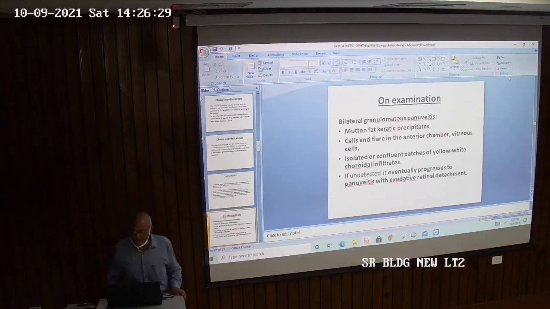Isolated or confluent patches of yellow-white choroidal infiltrates. If you see the fundus, there will be Dalen-Fuchs nodules. I'll show you that later on. If undetected, it eventually progresses to panuveitis with exudative retinal detachment. Detachment is covered already. The retina part is over.